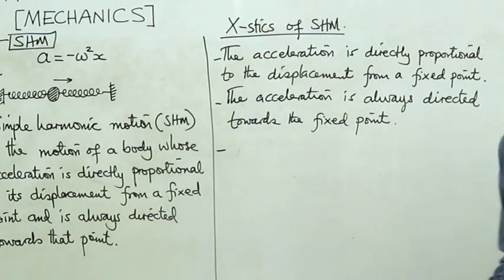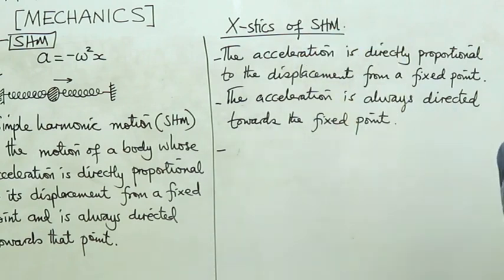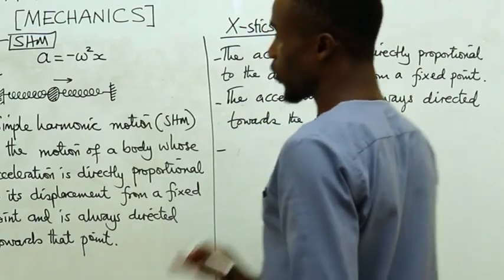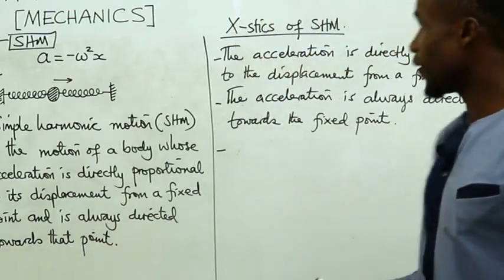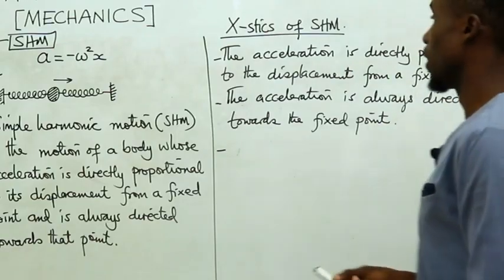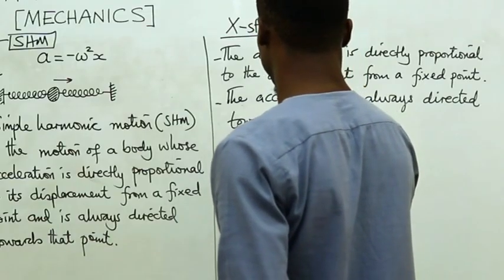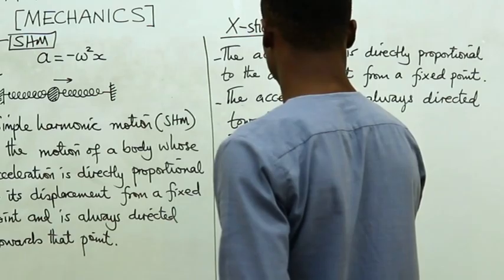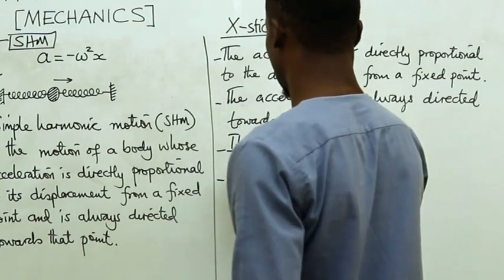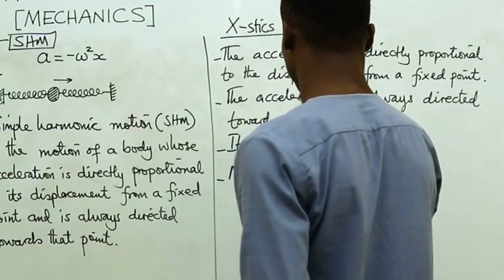Next, understand that in simple harmonic motion, mechanical energy is conserved. And of course, like you did in O level for oscillations, that motion is periodic. Then lastly, mechanical energy is conserved.